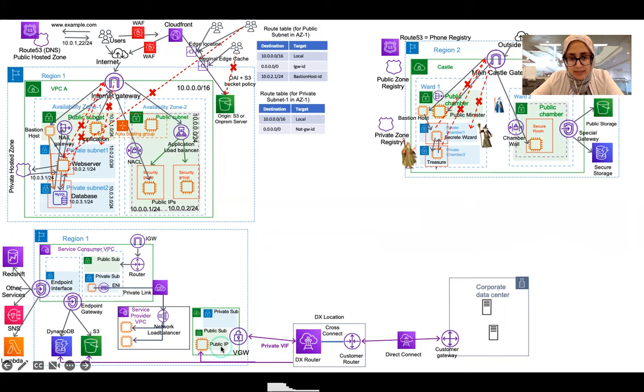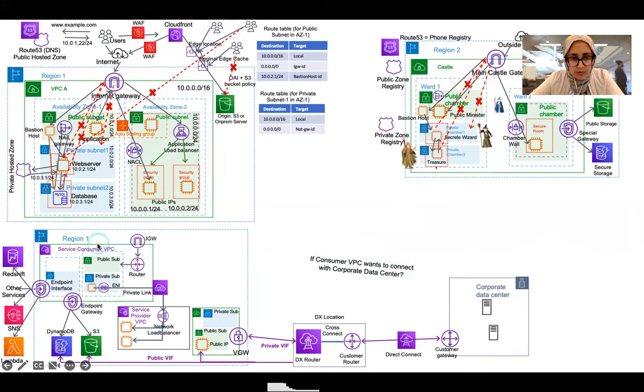So if it's an EC2 instance with a public IP, or an S3 bucket, or DynamoDB, so it's not a VPC, then it's a public VIF. But if it's a VPC, then it's going to be a private VIF, right?